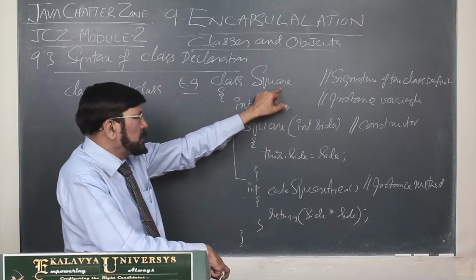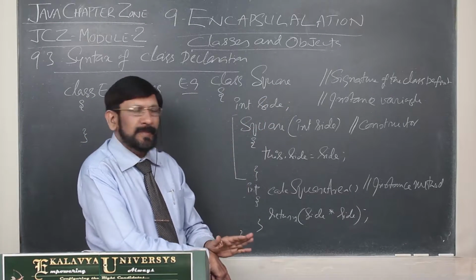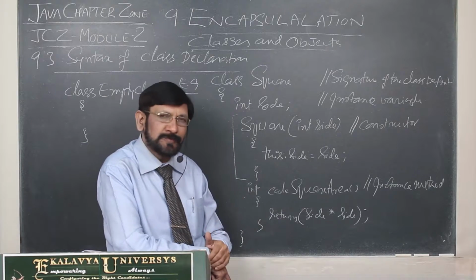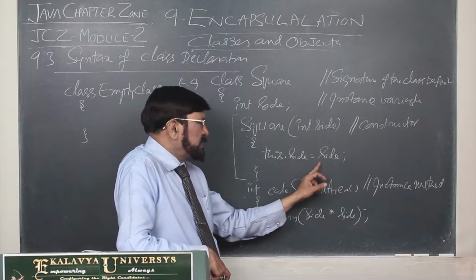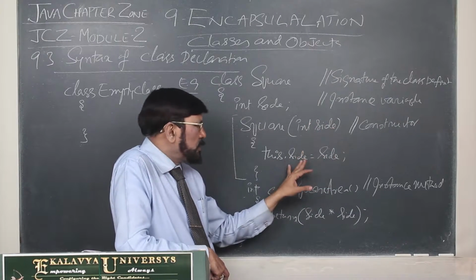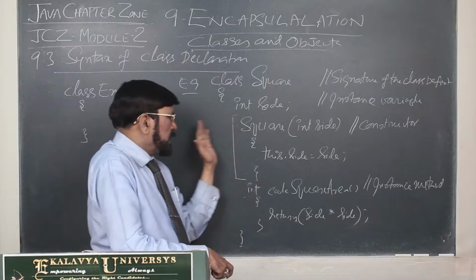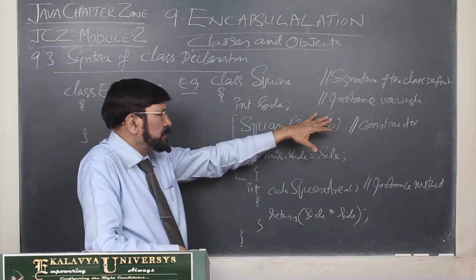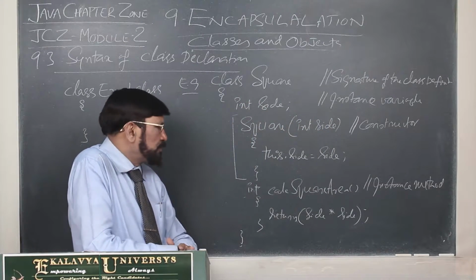Whatever is the name of the class, it should be the name of the constructor, and it should not have any return type. That point also you must remember. Thereafter, this.side = side. Don't bother about details of this. Later you will understand. For the time being, understand it is a standard initializer method, for initializing the instance variable.